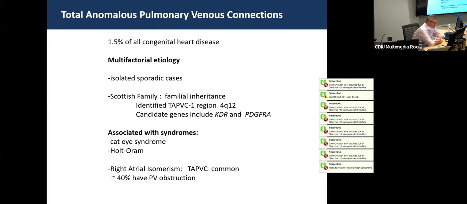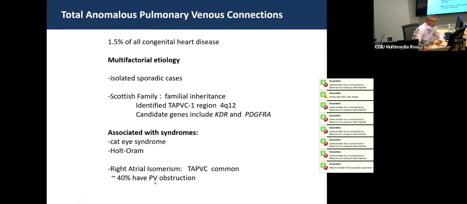And in the case of right isomerism and total veins, it's a very complex, challenging lesion, and I think it's fair to say that we haven't solved all of the issues, and long-term survival remains a problem in the setting of single ventricle right isomerism and total veins.